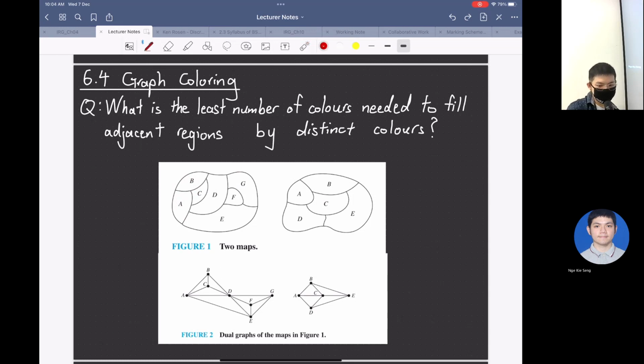So for example, if you color B with red, because D and C and F share the same boundary, you can't color them red already. So you color them a different color.